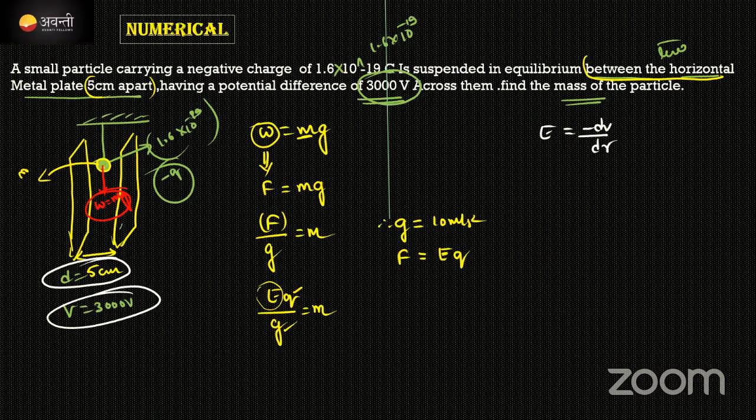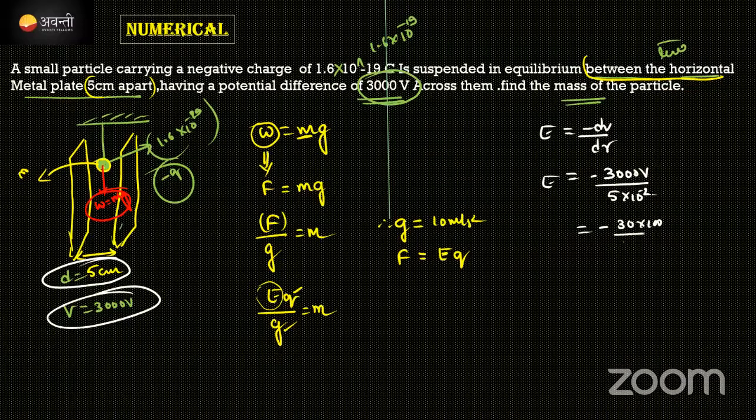On substituting, the potential we know is 3000 volt divided by the distance between them, 5 centimeter, which means 5 into 10 to the power of minus 2 meter. In the numerator I will write 30 into 100, which is 3000, divided by 5.